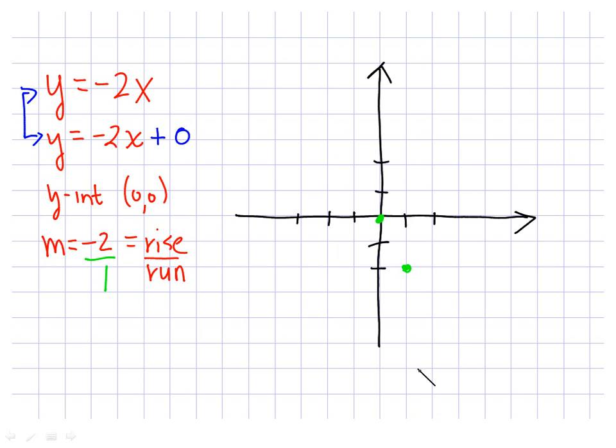And then draw your line and put your arrows at the end, and you're done. Notice as well, if your slope is negative, then your line should be going down to the right side. If your slope was positive, your line would go up on the right side.